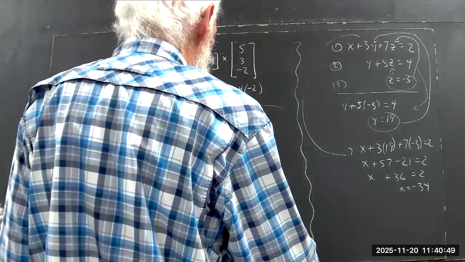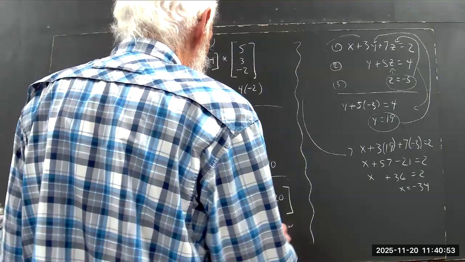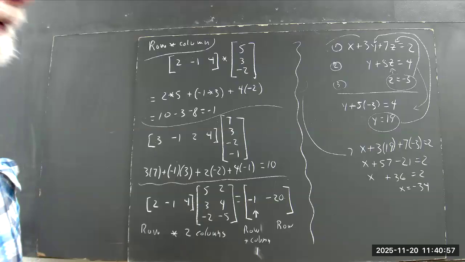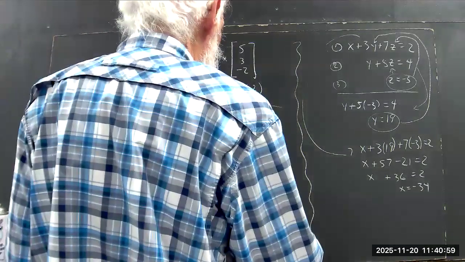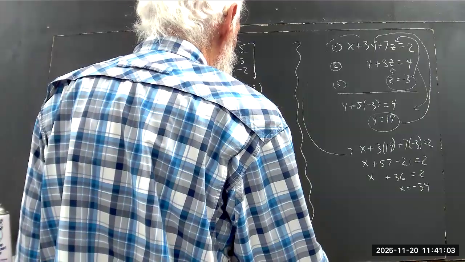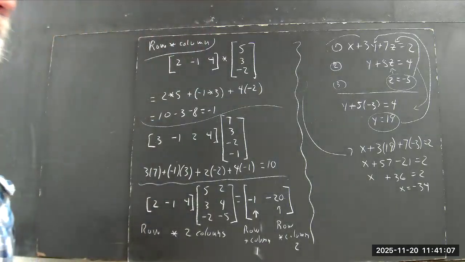And I said row 1, but we only have one row, so there's no point. Okay. And row times column 2. Make sense?